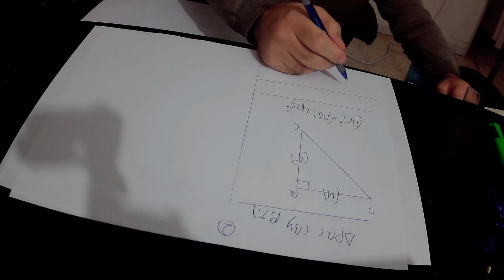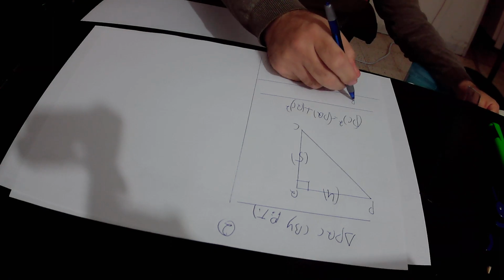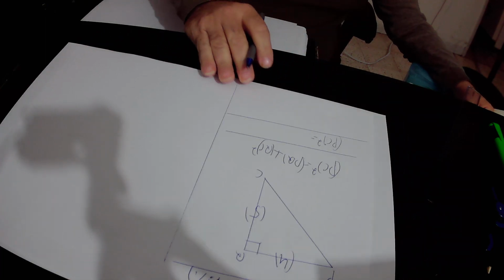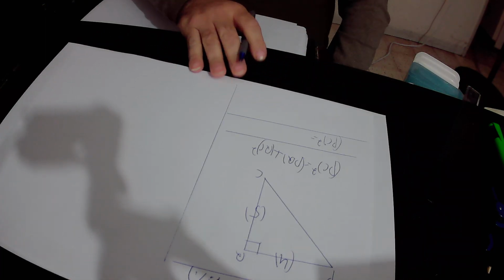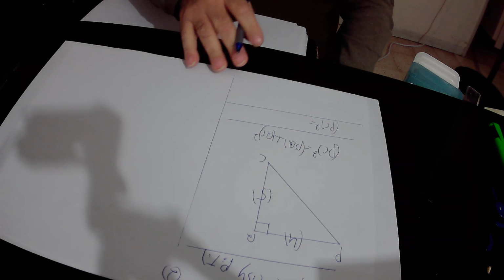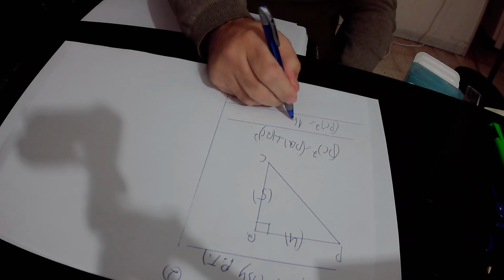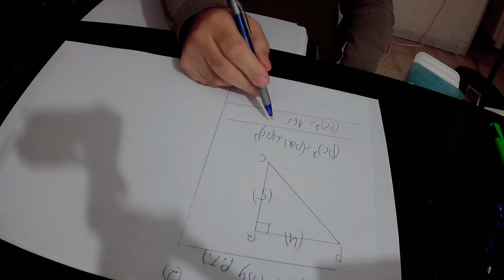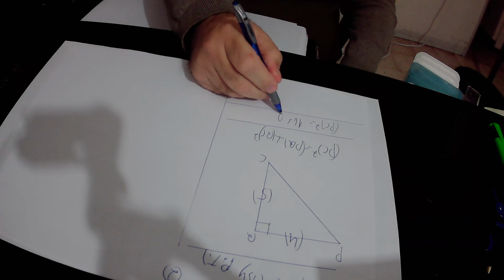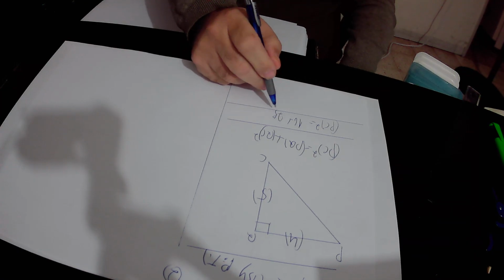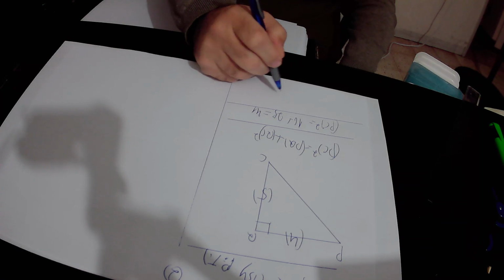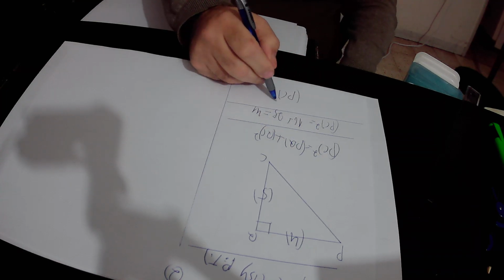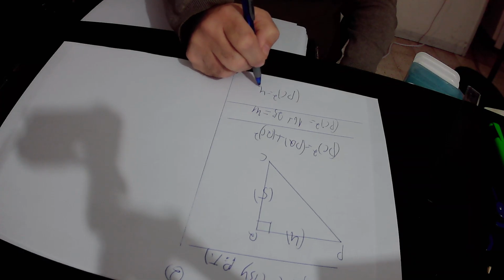PQ is 4, therefore PQ squared is 4 squared, that is 16, plus QC squared. QC is 5, therefore QC squared is 5 squared, that is 25. So in total, PC squared equals 16 plus 25, that is 41. In conclusion, PC squared, the square of the hypotenuse, equals 41.